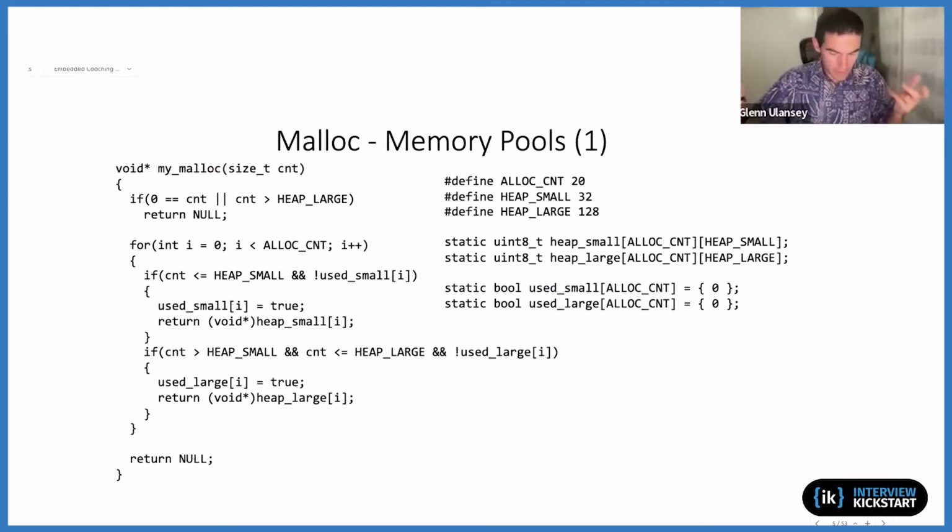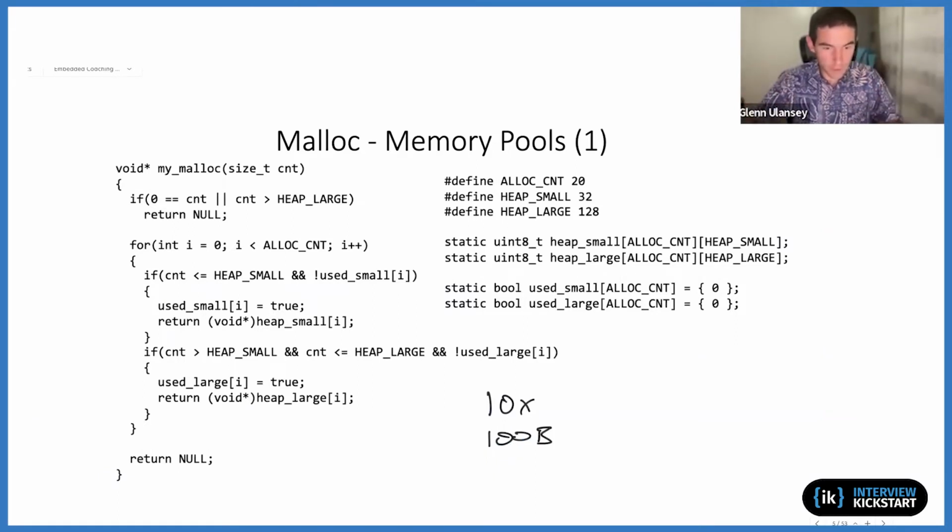And first, what is a memory pool? What is a memory pool allocator? Typically, a memory pool is going to be a set of fixed size blocks of memory that are available for use. In other words, we might have 10 blocks of size 100 bytes.